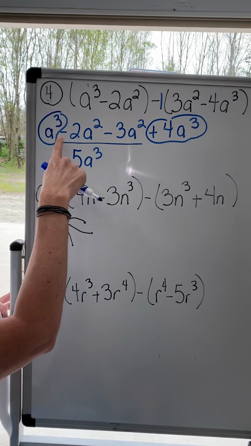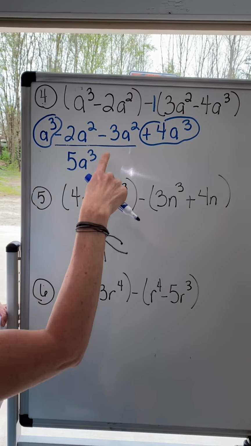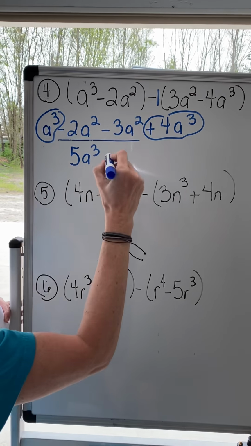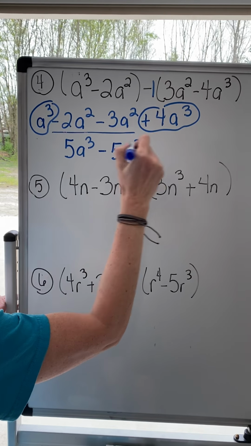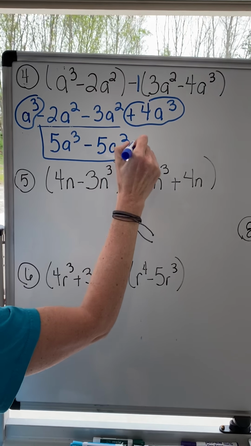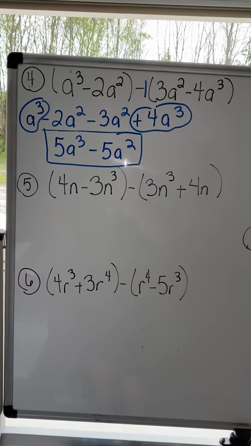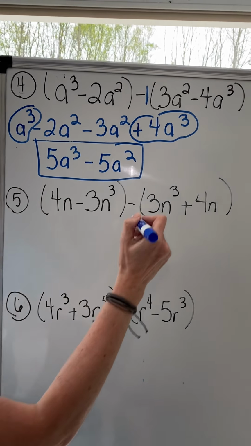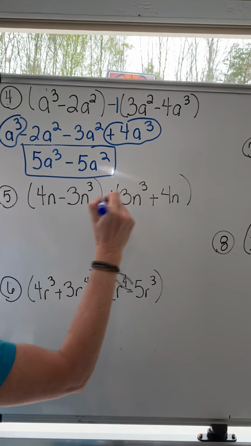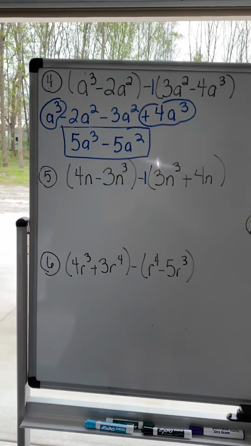So that is a minus 2a to the second, subtract 3a to the second, so that's going to be a negative 5a to the second. So the extra step when you're subtracting is that you have to rewrite that second parentheses with thinking about a negative 1 being there and how that affects the problem.